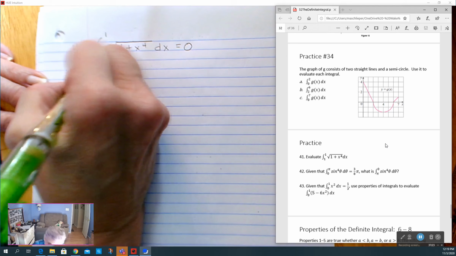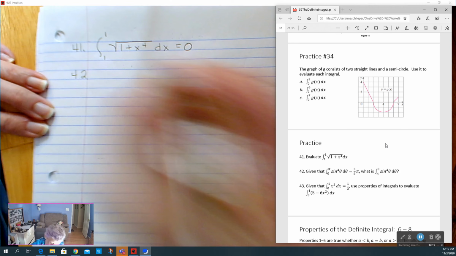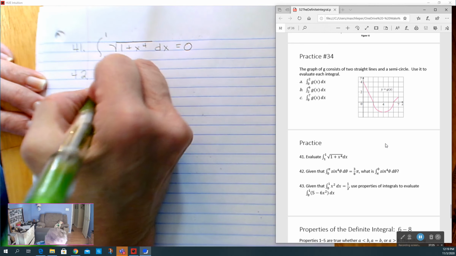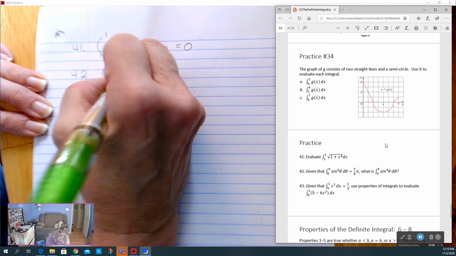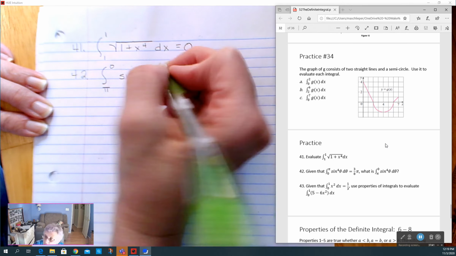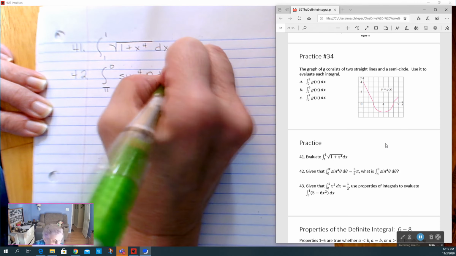42, they tell us that the integral from 0 to pi of sine to the 4th of theta d theta is equal to 3/8 of pi. We're supposed to figure out the integral from pi to 0 of sine to the 4th theta d theta.